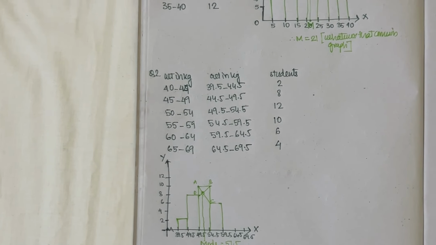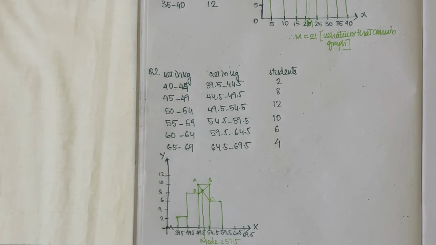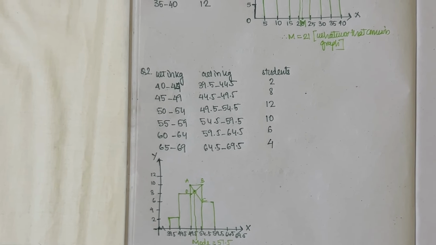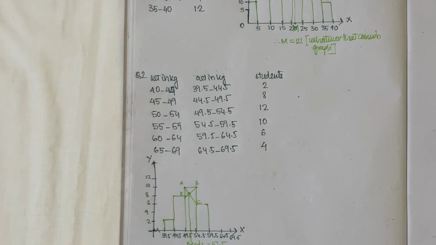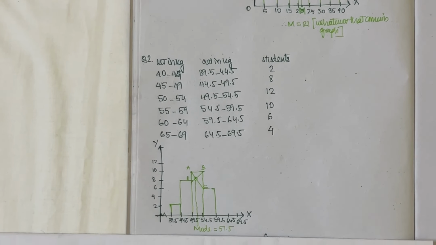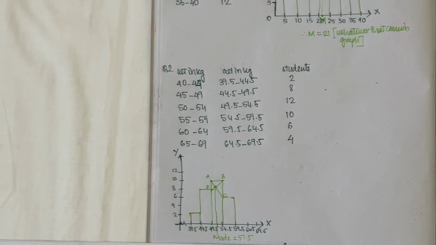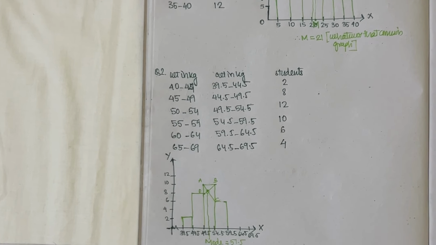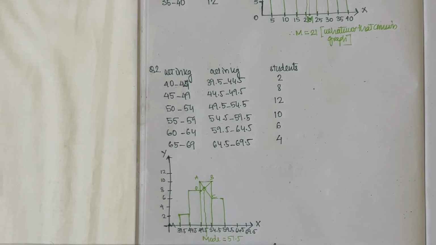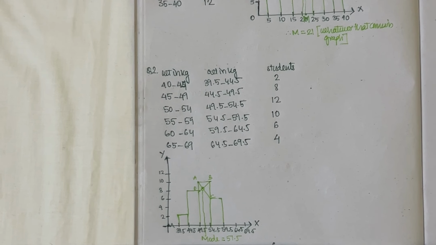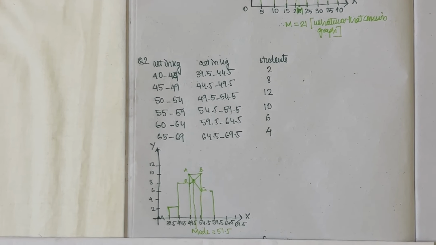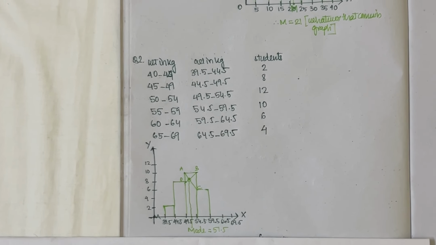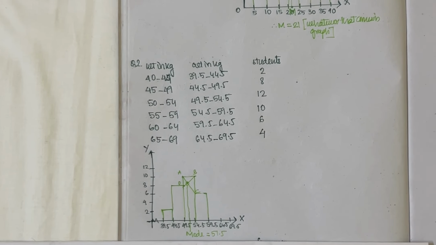That is 40 here is given for the lower class, so we are going to consider it as 39.5, and upper class is 44, so we are going to take it as 44.5. Like that and so on, we get 64.5 to 69.5, and like this we make it from discontinuous to continuous data.